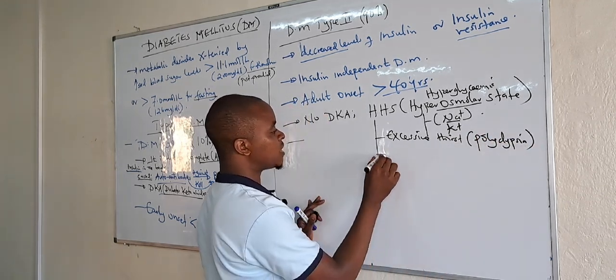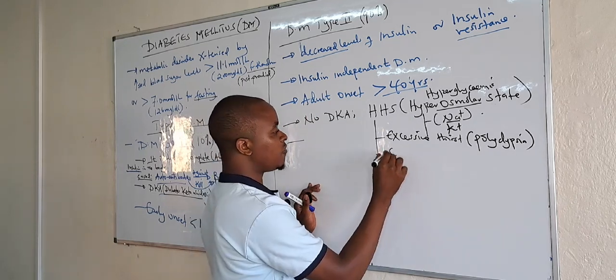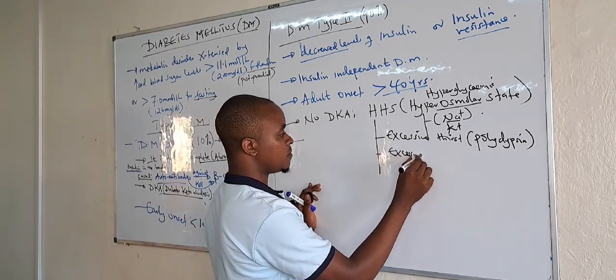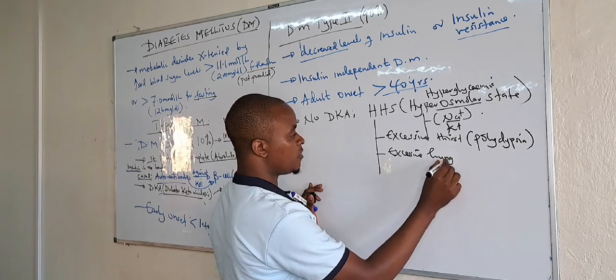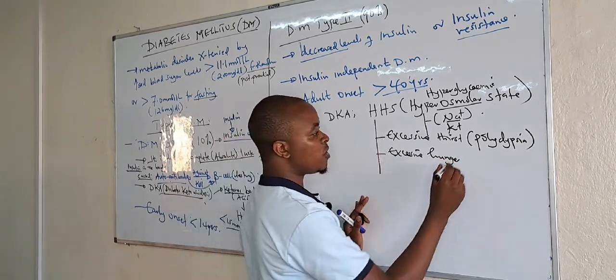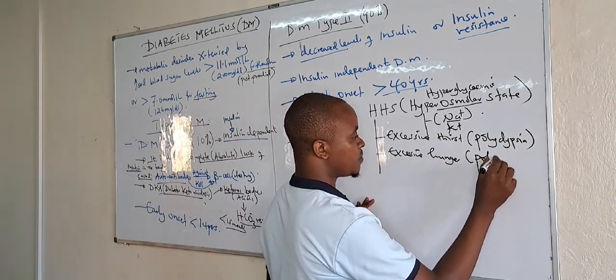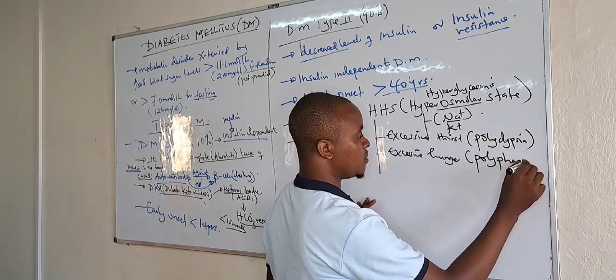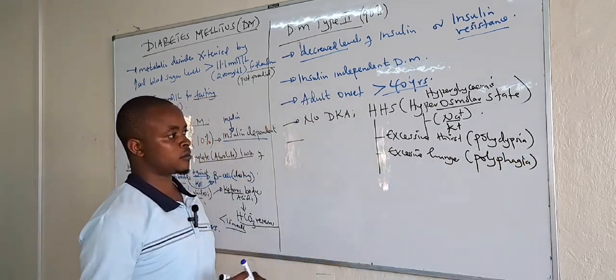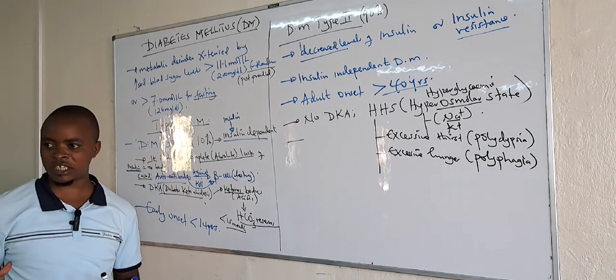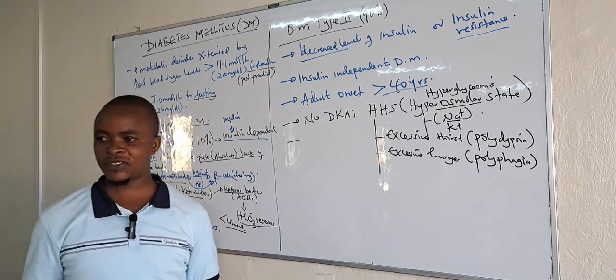It can even result in excessive hunger, where every time you want to eat, which we call polyphagia. But we are going to see the general signs and symptoms of diabetes later.